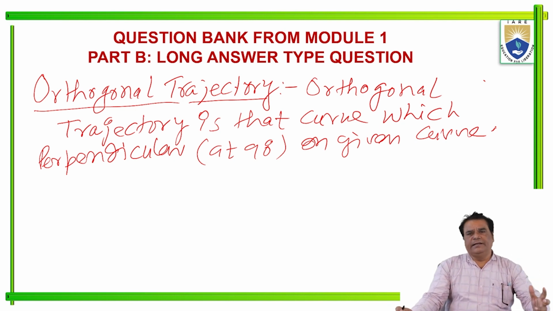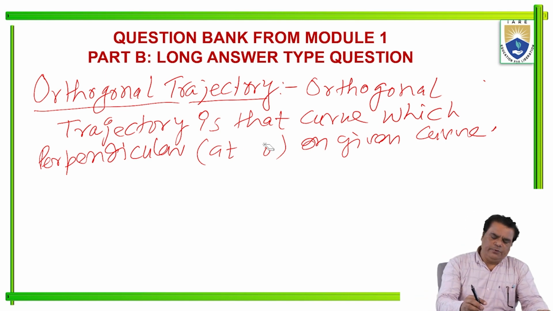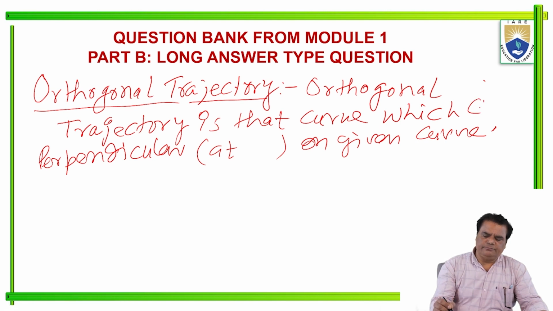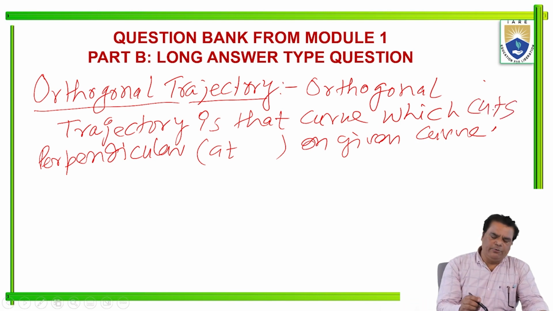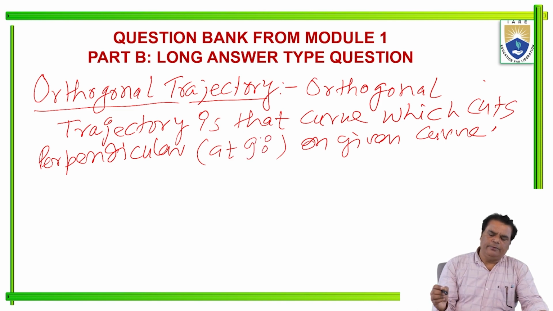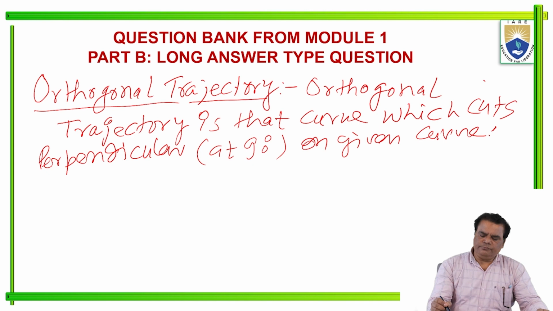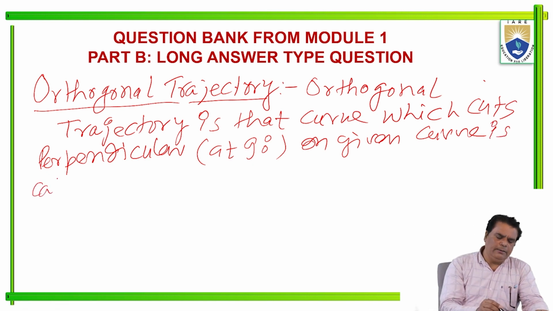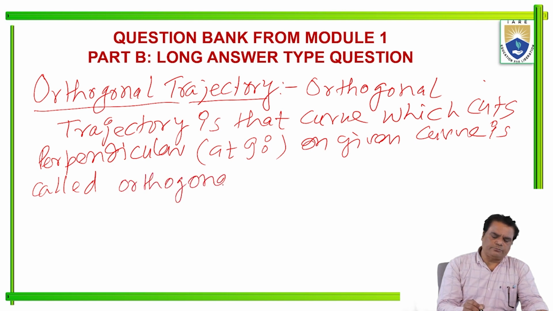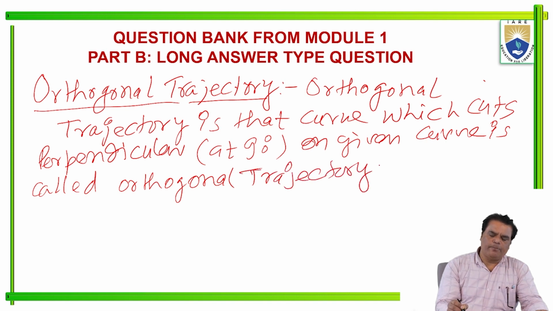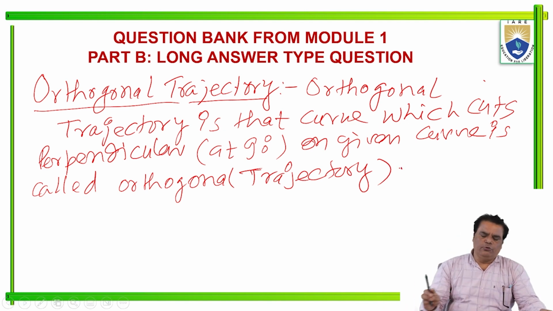Orthogonal trajectory is that curve which is perpendicular, or we can say at 90 degree, which cuts perpendicular or at 90 degree on the given curve. It is called orthogonal trajectory.